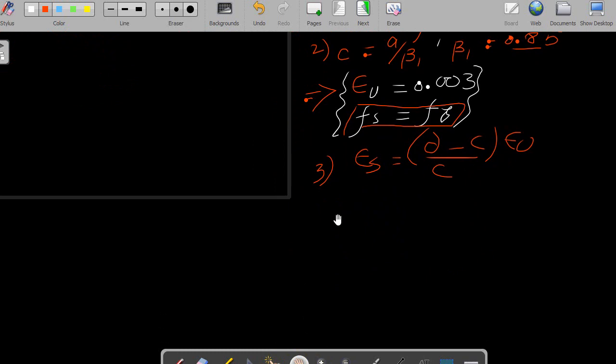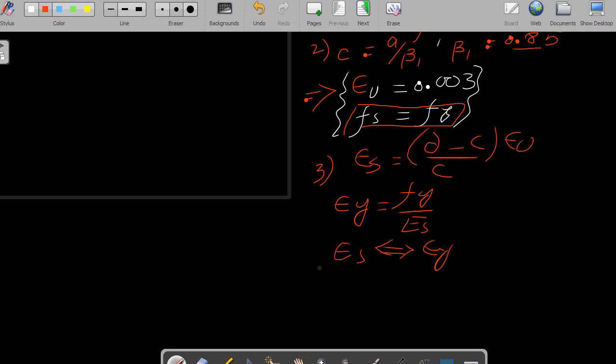Then we will compare epsilon s with epsilon y. What will be epsilon y? Epsilon y will be calculated by using Fy divided by the modulus of elasticity of steel. So by getting this value, we will compare these two values, right?